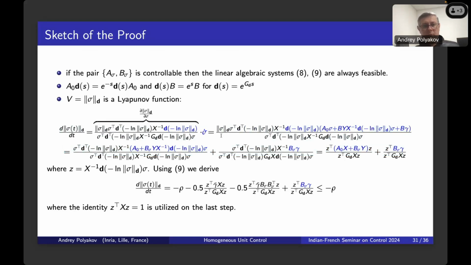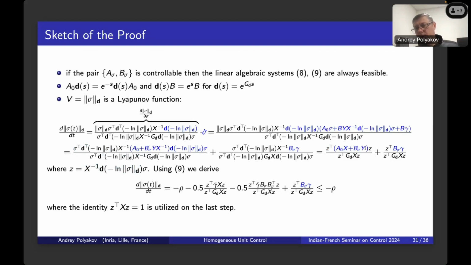It cancels this term. So after using homogeneity, we just obtain, in fact, for the first part without perturbation, a fraction of two quadratic forms. So if I use the notation Z like this, the first term, which is independent of perturbation, is just a fraction of one quadratic term divided by another quadratic term.